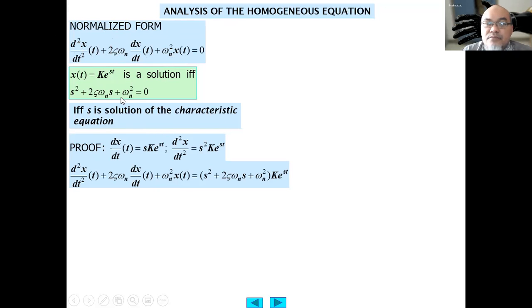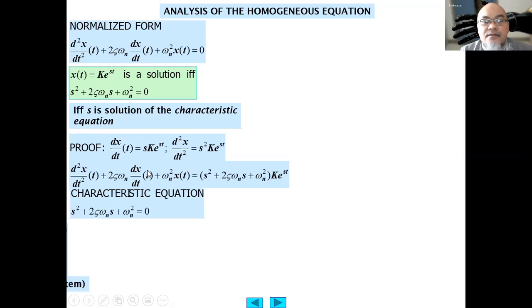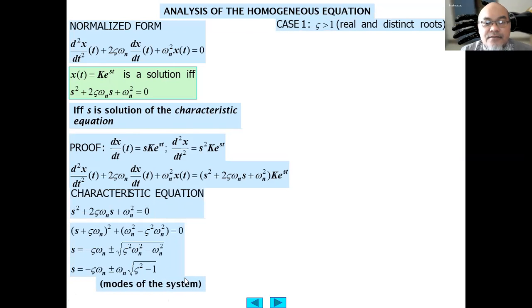Then you can rewrite it as the characteristic equation s square plus 2 zeta omega n s plus omega n square equals 0.